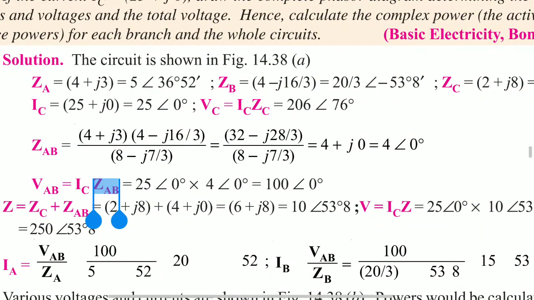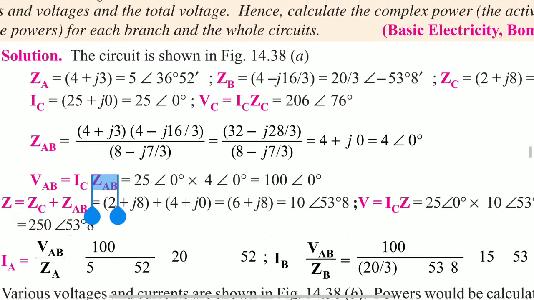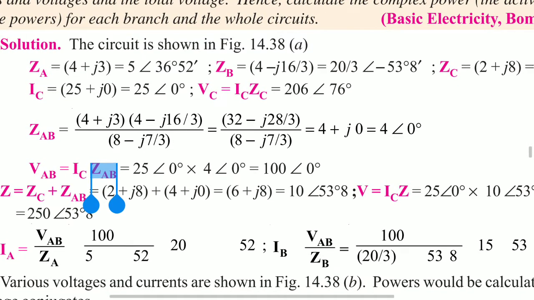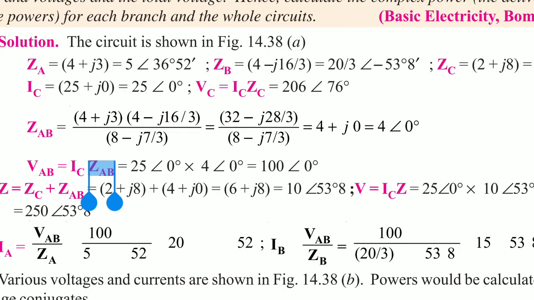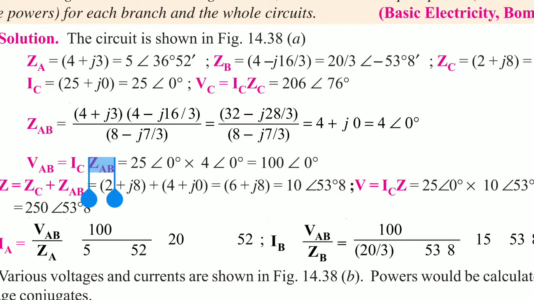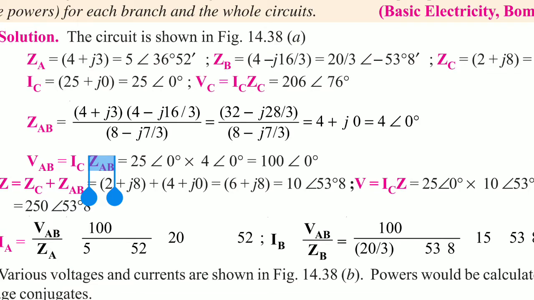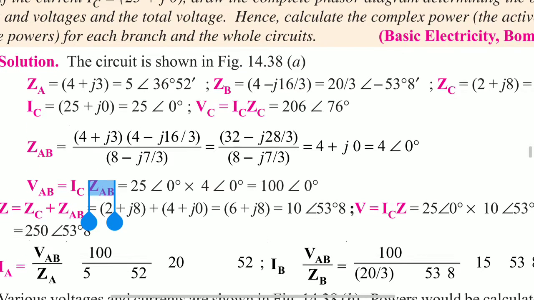Now what is the ZAB? ZA and ZB both are in parallel. So here ZA is 4 plus J3 and ZB is 4 minus J16 by 3. So substitute those in the ZAB equation. So 4 plus J3 into 4 minus J16 by 3 divided by 8 minus J7 by 3.